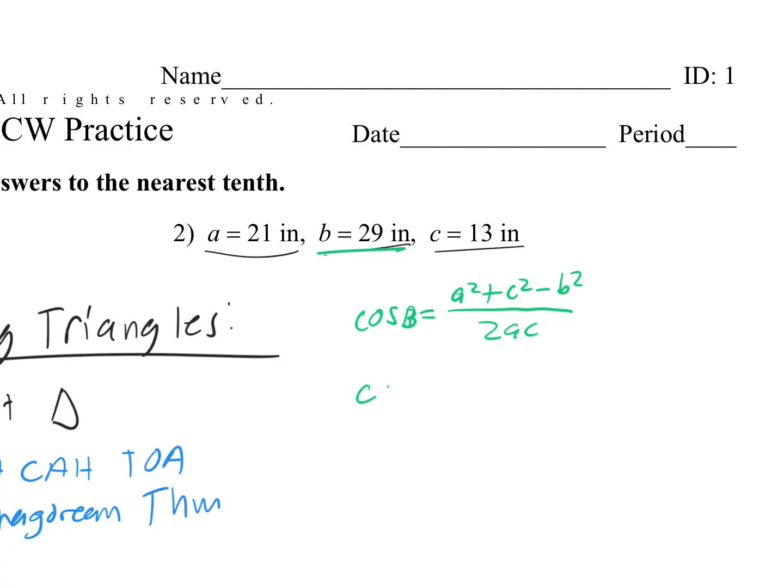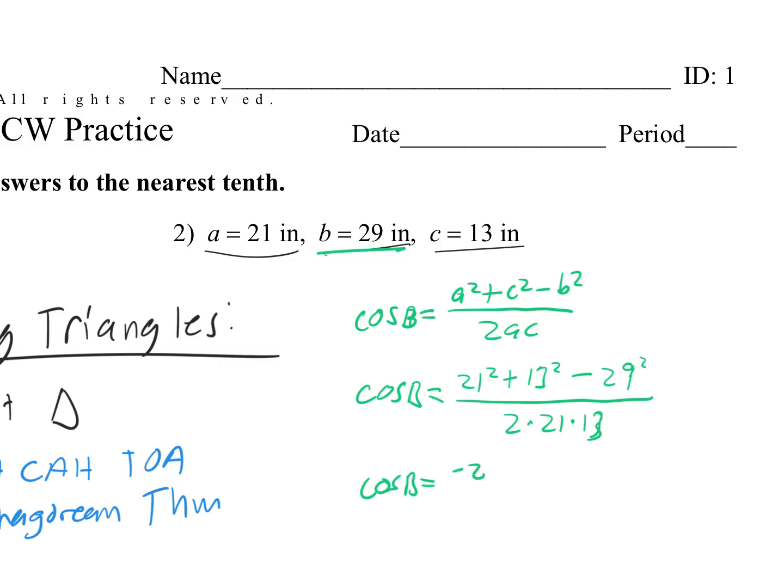So this is going to get me cosine of B, which is 21 squared plus 13 squared minus 29 squared over 2 times 21 times 13. All right, and then I would simplify the top and then simplify the bottom because that's a lot easier to put into your calculator. And so I get cosine of B is negative 231 over 546.